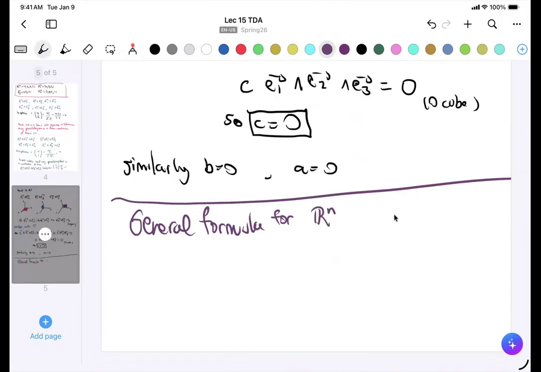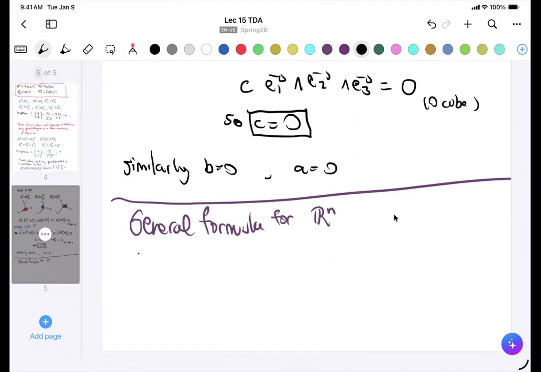If you live inside an n-dimensional space, the number of distinct k-dimensional objects, k-dimensional parallelograms, is n choose k.